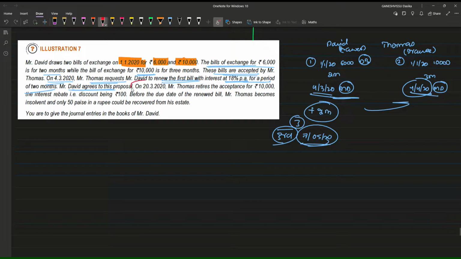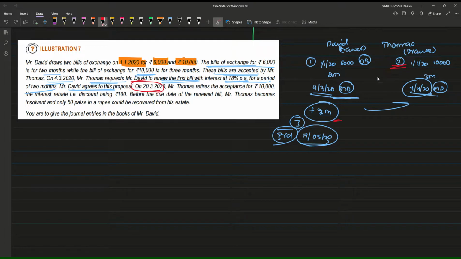On 20th March 2020 it is saying, after renewal of a bill and within a few days he cannot pay this total amount of 6,000. The 6,000 amount is not payable within 16 days.